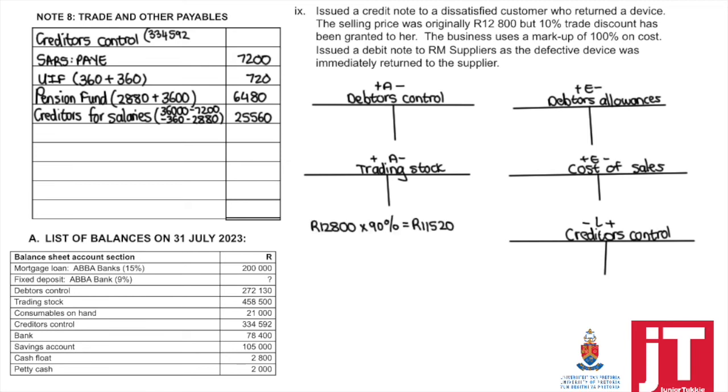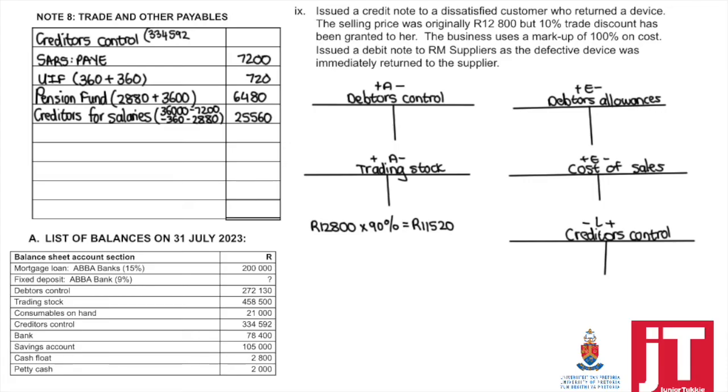So starting with the selling price, or starting with what they have provided me with. They said the selling price was originally $12,800. This means I've sold it less 10% trade discount, which means I sold it for $11,520.